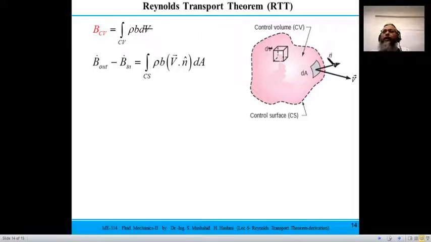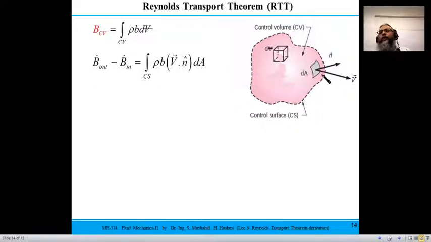So the normal here is a unit vector that is representing the perpendicular direction of a surface. So if some mass is leaving, it will leave in the direction normal to that surface, because it's an arbitrary shape. Everywhere the normal is in a different direction.